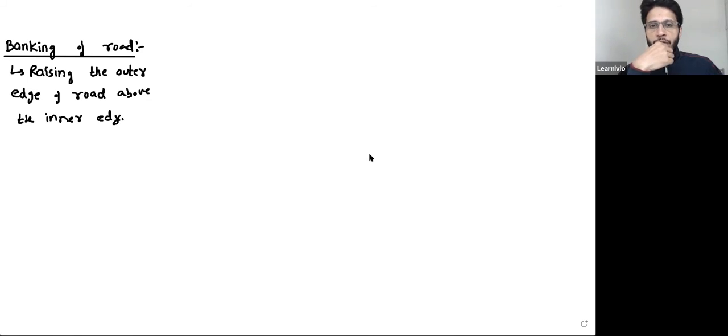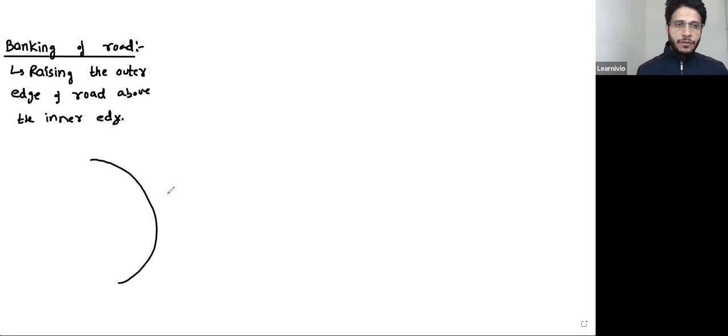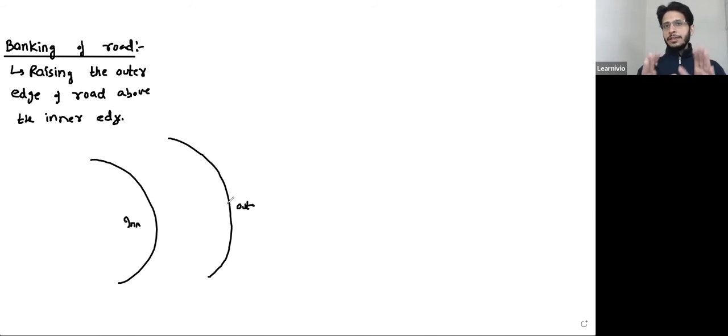Slightly tilted, right? Tilted means this is the inner edge and this is the outer edge. One of the edges is a bit tilted. Which one is raised, the inner edge or the outer edge? Outer edge. This is a bit inwards and this is outwards.